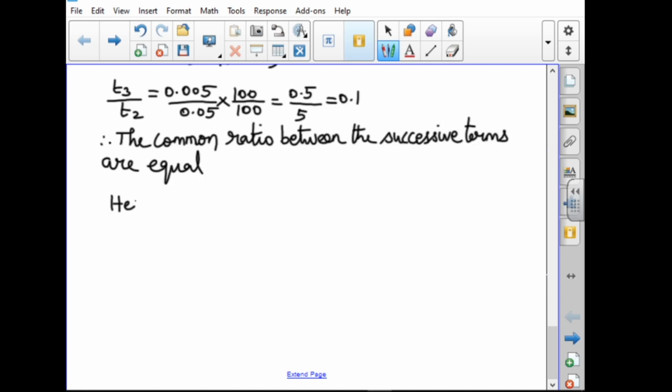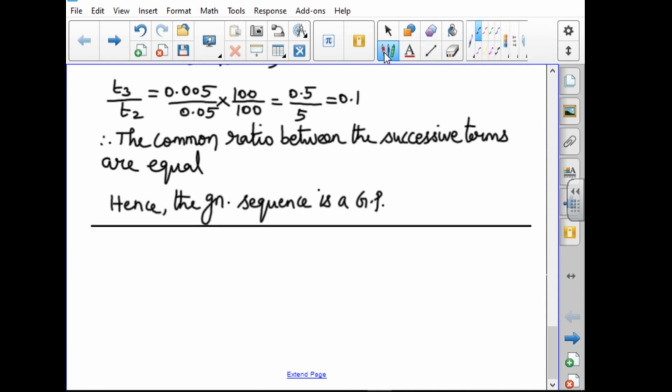Hence, the given sequence is a GP. So here only 3 terms are given, so we have to find up to T3 by T2. In the fourth sum, there also they give 3 terms. You can take it as a homework sum. Fourth sum, you take it as homework.